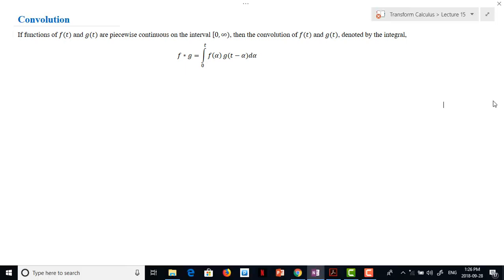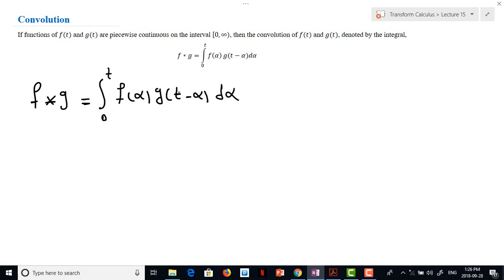We show the convolution of f and g by f star g, and it's defined as the integral from 0 to t of f(alpha) g(t minus alpha) d alpha.